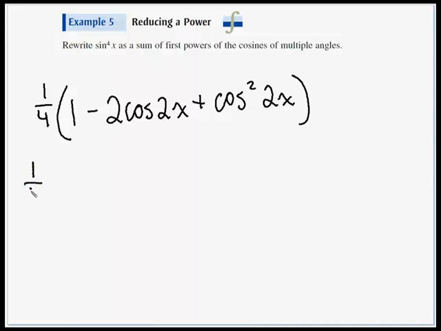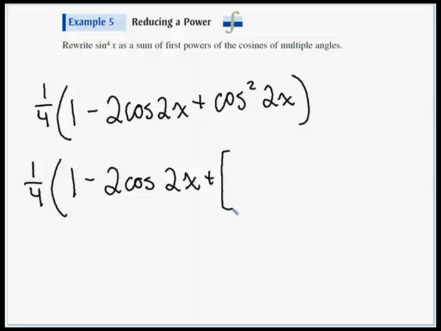We have our 1/4, 1 minus 2 cos of 2x plus. Now we're going to replace that cosine squared of 2x with the power reducing formula 1 plus the cos, and we double this angle. That goes from a 2x to a 4x. And that's all over 2.